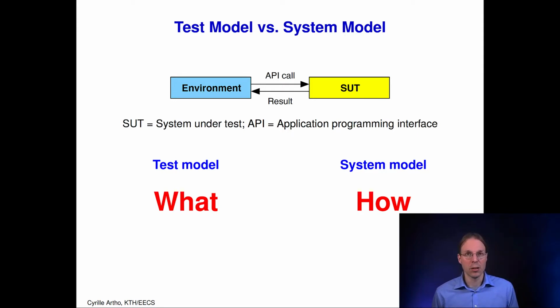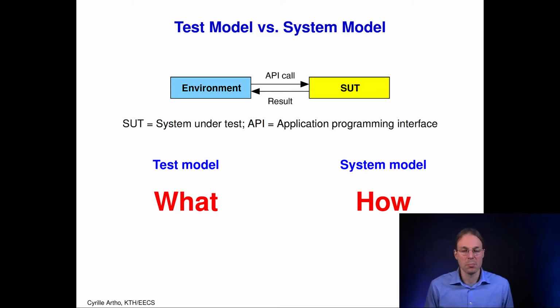A test model only has to describe what happens in the system. So in a sense, the model takes the role of the environment and it describes what kinds of actions we can perform on the system under test or SUT, and what kinds of results come back.